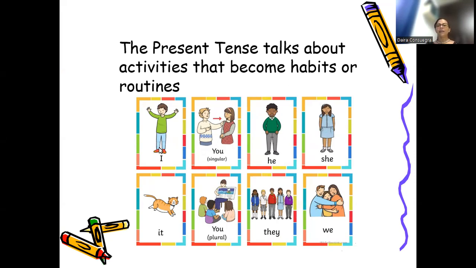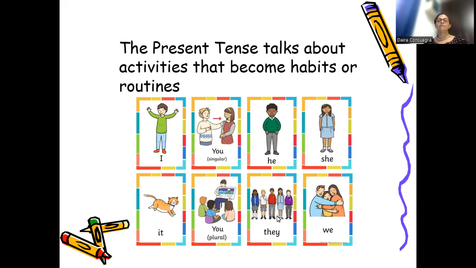I is yo, okay? Your person, I. You in singular means the other person, which is tú. He, it means él. She, it's ella. It is when it's talking about animals or plants. You is when talking about plural, it's ustedes.